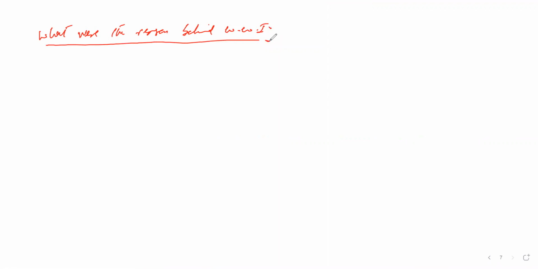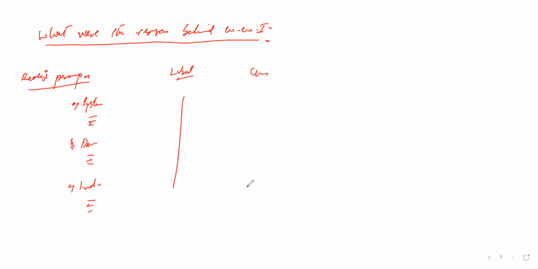Are we supposed to write it in this manner: realist perspective, we will say systemic, then few lines, then domestic, then few lines, then individual, then few lines. Then we will give another header of liberal perspective, same applies here, then constructivist, same applies here.